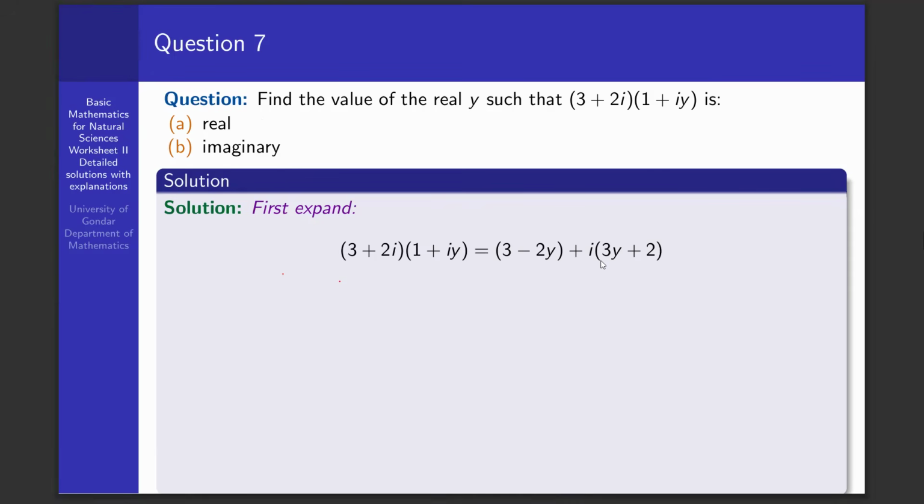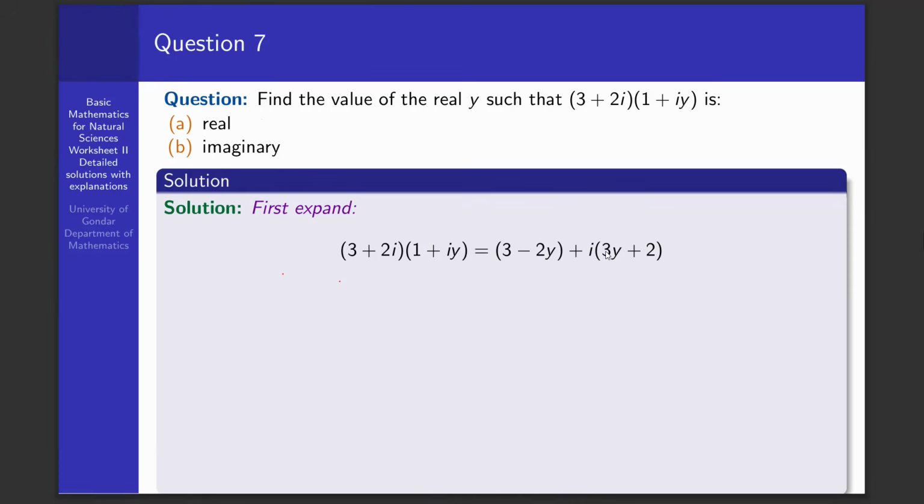That means which can make the imaginary part, 3y plus 2, equal to 0. The complex number becomes real whenever its imaginary part is 0, and it is said to be purely imaginary whenever its real part is 0.